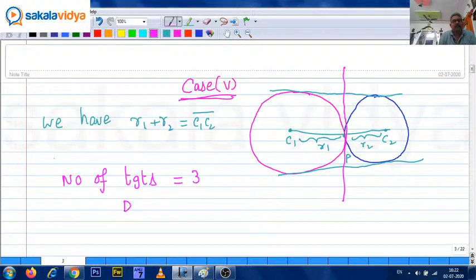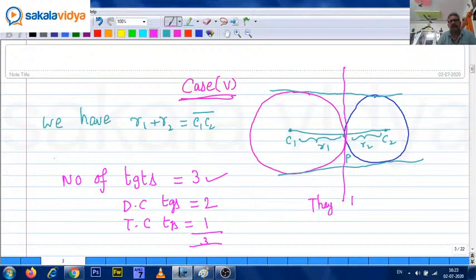That means direct common tangents is 2, transverse common tangents is 1, total 3. In this case they touch each other externally.